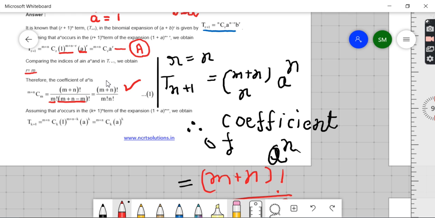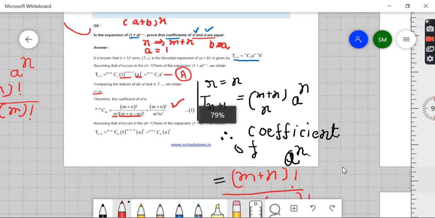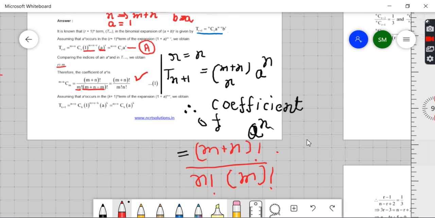If you notice, this is equation number 1 only. So both the coefficients are equal, and hence we prove that the coefficient of a raised to m as well as the coefficient of a raised to n are equal.